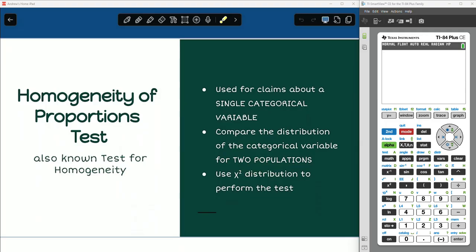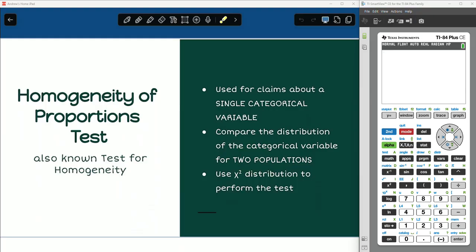The upside is that as far as our calculator is concerned, this test runs identical to a test for independence. So if you accidentally think you are performing a test for independence when it's actually homogeneity, the math doesn't care. The only time you're going to run into issues is when it comes time to interpret your answer.